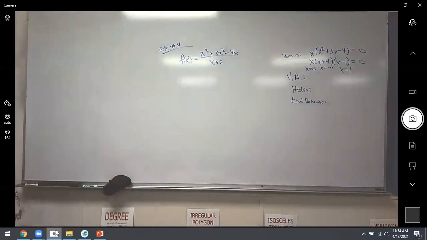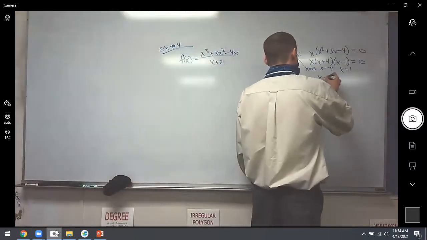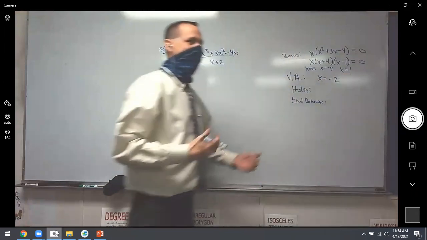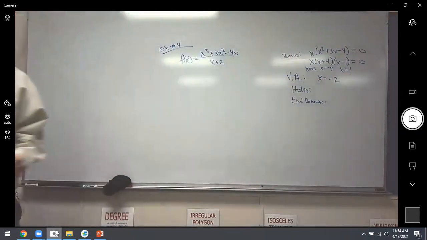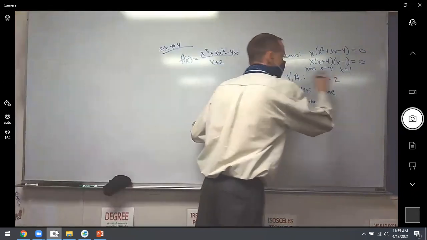So I know 3 spots where it's going to cross the axis this time. Vertical asymptote, when's the bottom 0? Clearly at -2. And again, I don't see any numbers that make the top and bottom 0 at the same time. Would you agree? So there's no holes. Even though we don't know what a hole looks like yet, we know that there's not going to be any of them this time.